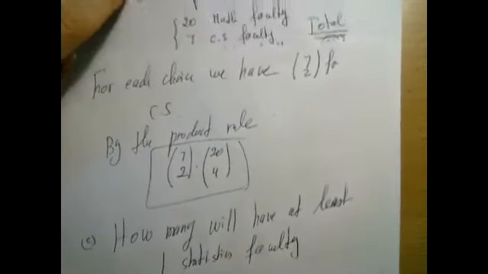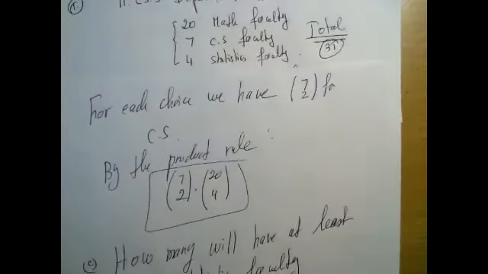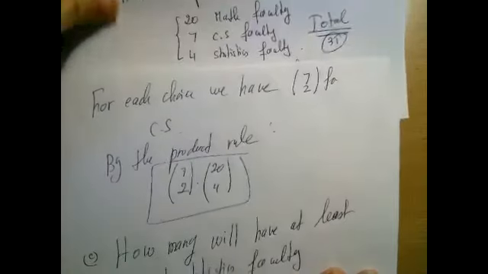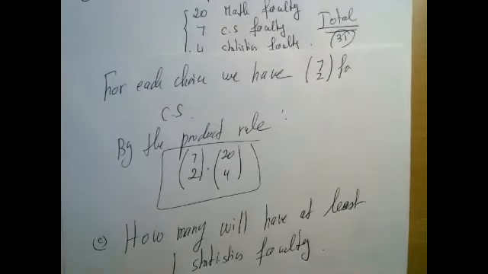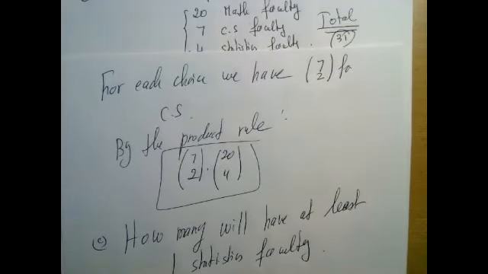So this is my scenario. We have a lot of committees. I want those where there is at least 1 stat. How many committees do we have?